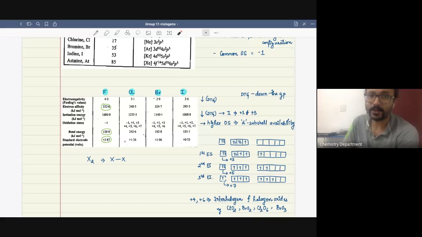We know that the electron affinity is high for chlorine, so we expect chlorine to have the higher oxidizing power, but what we see here is that the oxidizing power is higher for the fluorine atom.